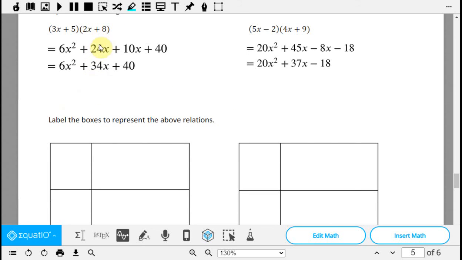So I will need a 2x and an 8 on the top of this square. On this square, we will need a 3x and then a 5.